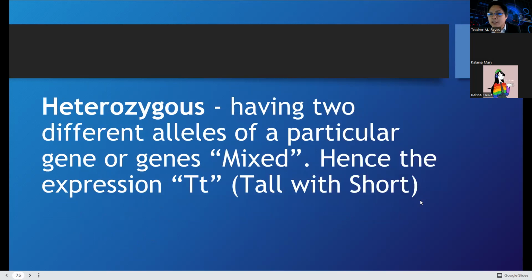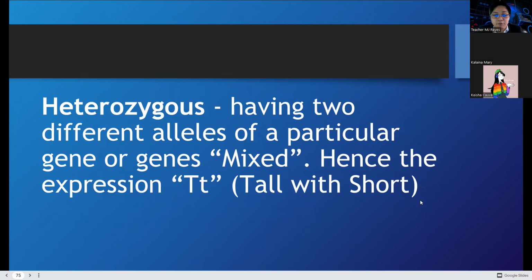How about heterozygous? Heterozygous means having two different alleles of a particular gene, or mixed. Hence the expression capital letter T and small letter t. Capital letter T means you are carrying a dominant allele for tall, but you are also carrying a recessive allele for short.